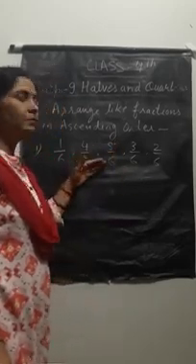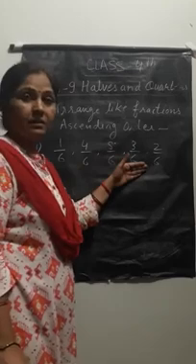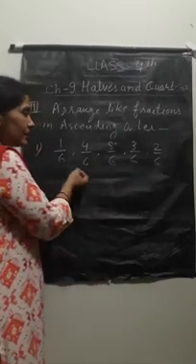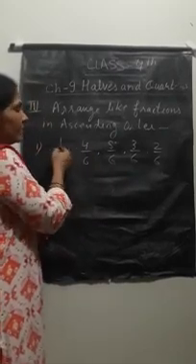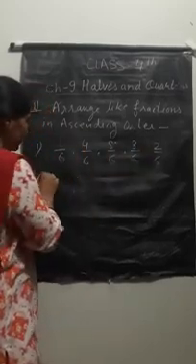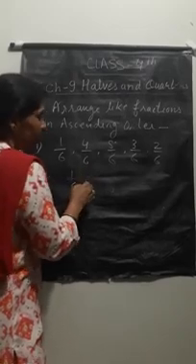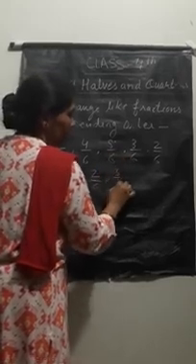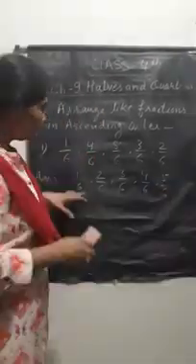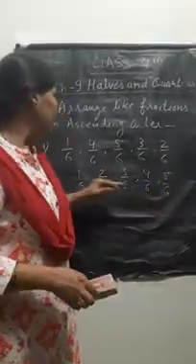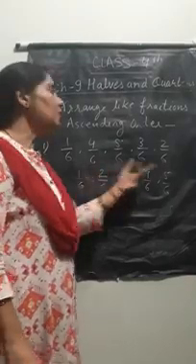The denominators are the same, so these are like fractions, and we check the numerator portion. Which one is smaller? 1, 4, 5, 3, 2. So 1 is smallest, so the answer starts with 1 upon 6. Next is 2 upon 6, then 3 upon 6, then 4 upon 6, and the last one is 5 upon 6.